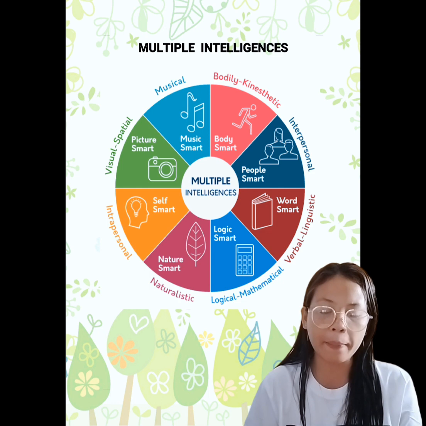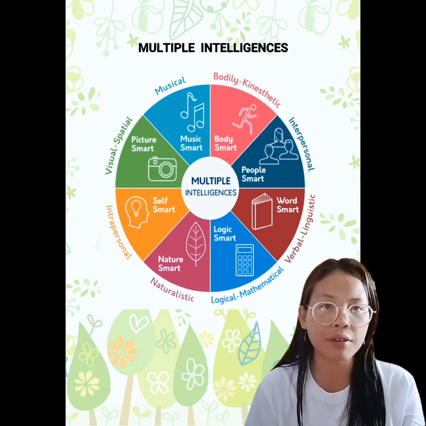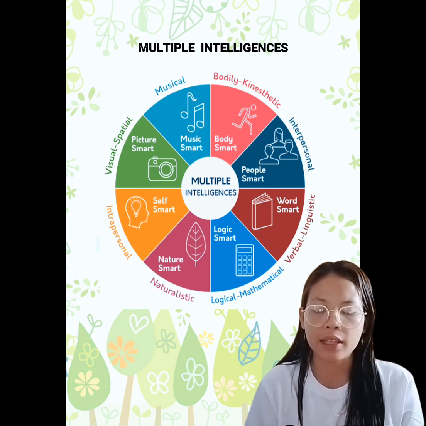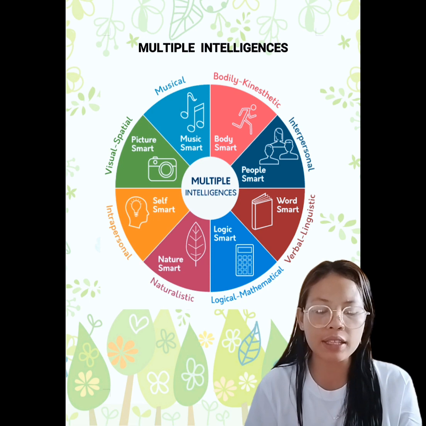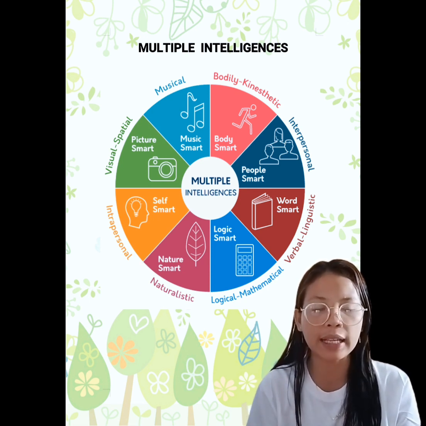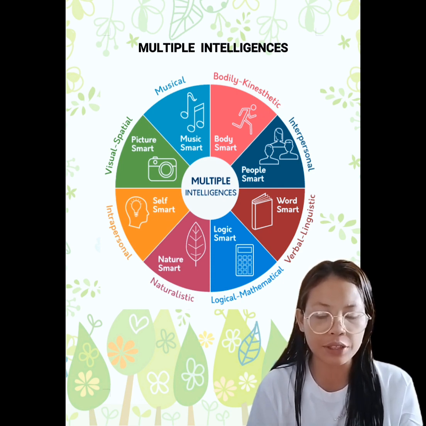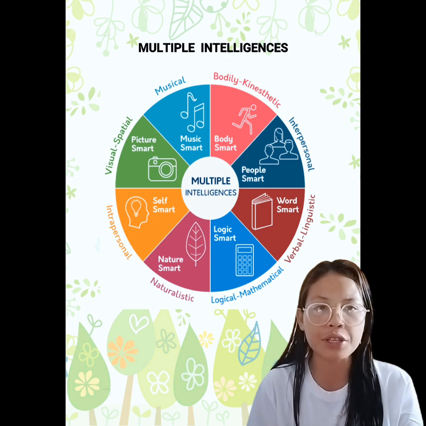Bodily-kinesthetic, body smart, is remembering by doing instead of hearing or seeing. Next, musical, music smart, is thinking in sounds and patterns. Next is interpersonal, people smart. They are good at solving conflicts, understanding and relating to others.